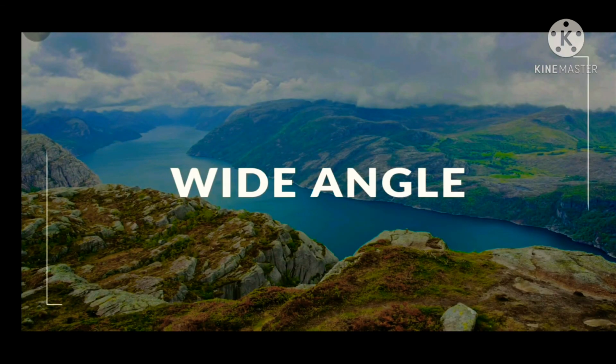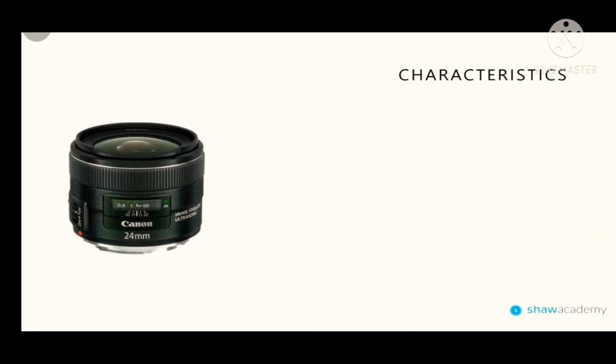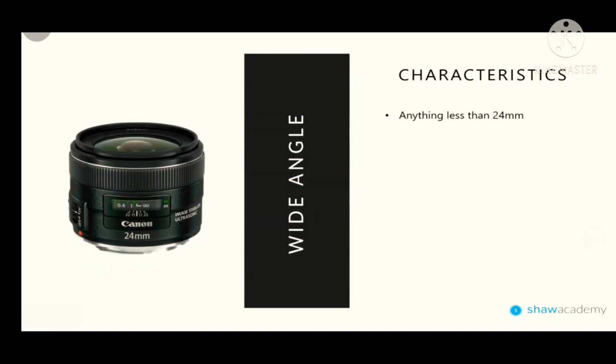Now, going the extreme opposite then, we have our wide angle lenses for photographing magnificent landscapes like this one here. And wide angle lenses is anything less than 24 millimeters, and it takes more into view than our focused field of vision. So remember, our focused field of vision was 50 degrees.